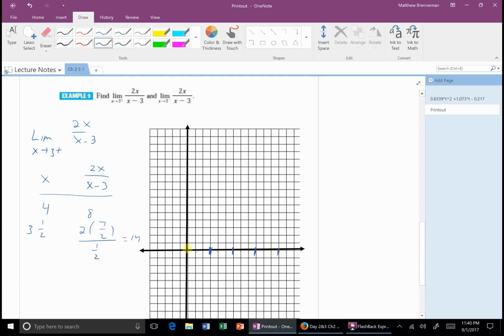Before, we said you reached the value of 8. And to get 3.5, we're at 14. That's pretty high.